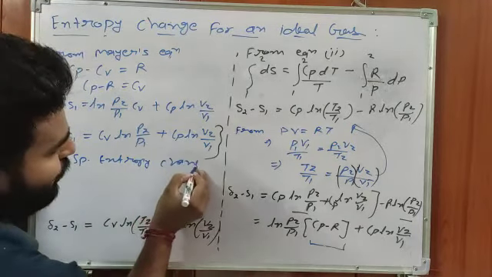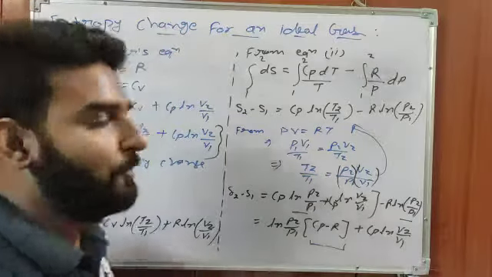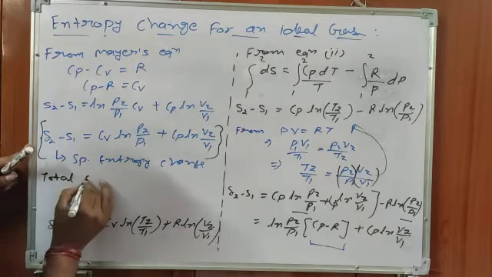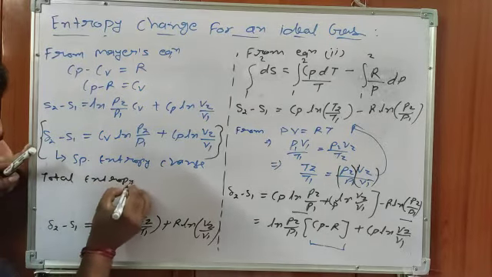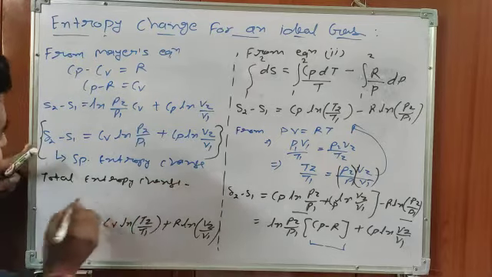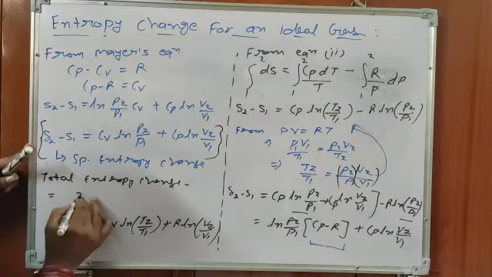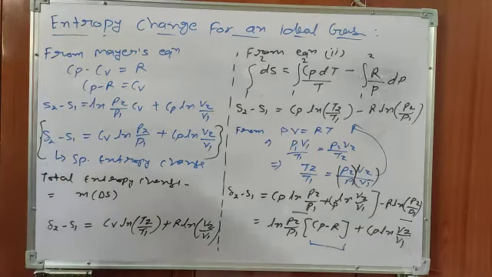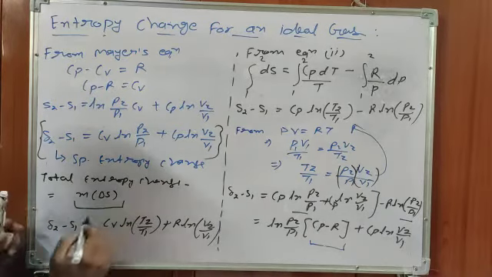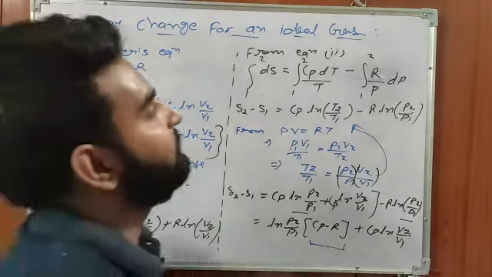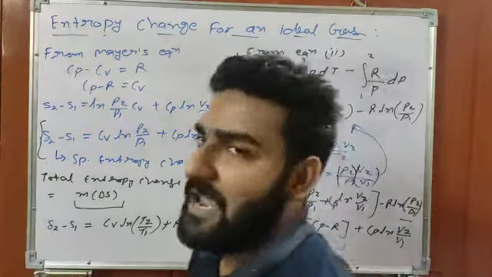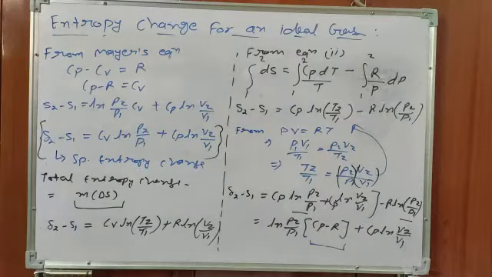But if you want to calculate the total entropy change, you simply multiply the mass with the specific entropy change, and you get the total entropy change of the system. So this is the basics of entropy change for any ideal gas.